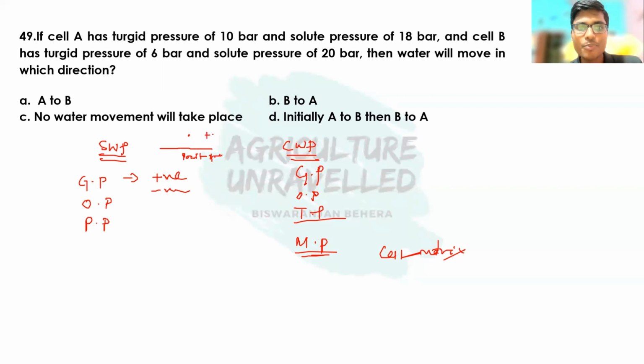And if the point of consideration is below the point of reference, then gravitational potential is negative. So in soil, gravitational potential can be positive or negative. But in case of plant, gravitational potential can be negative or zero.